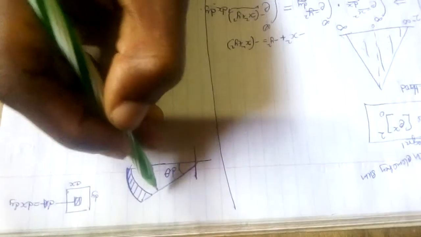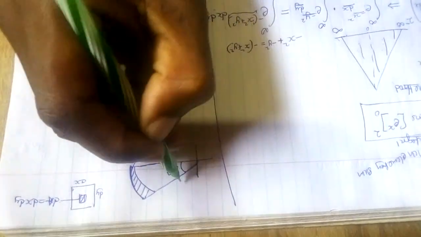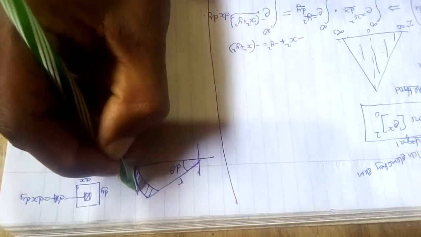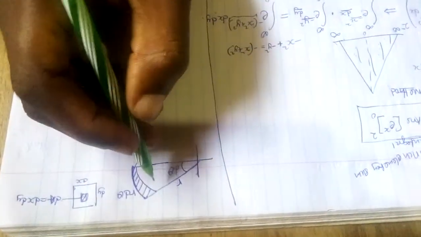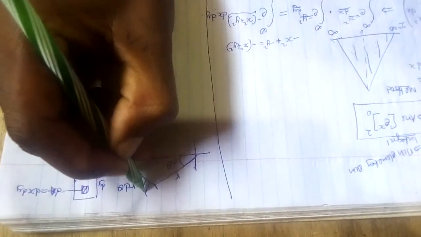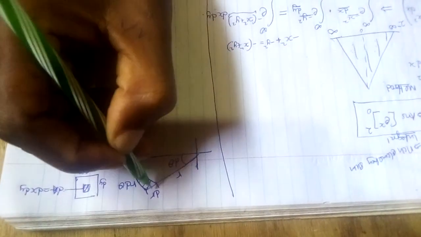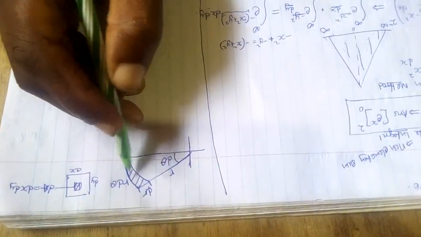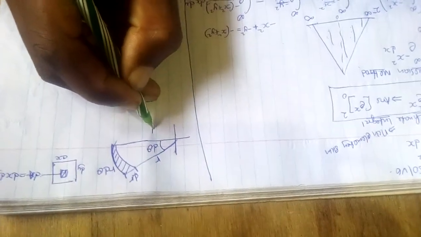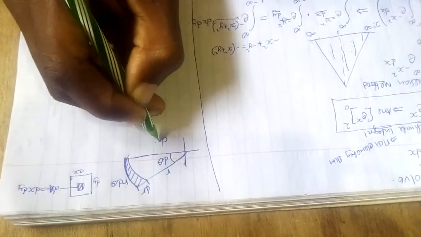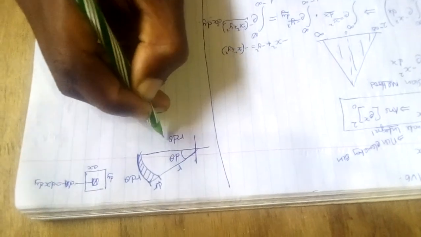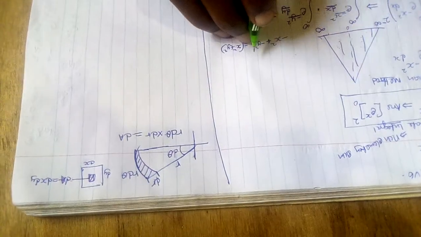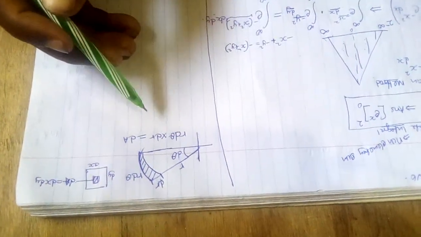Same thing, from here up to here, this is r, so we have r d theta as usual, and the distance from here up to here is a small r, so it's dr. So r d theta times dr will be equal to our dA. So this is our dA.